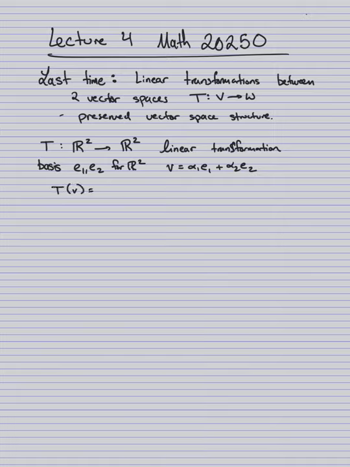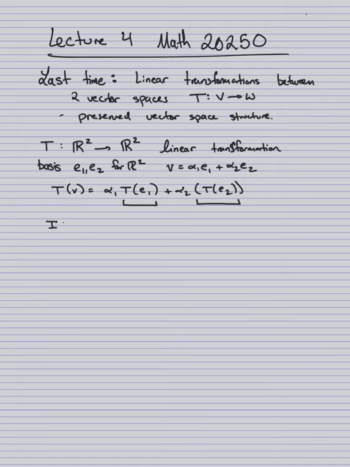We knew that T of V was alpha 1 T of E1 plus alpha 2 T of E2, and this let us conclude that if we knew where the first basis vector went under T, and we knew the image of the second basis vector under T, then we would know what the image was for any other vector, right?